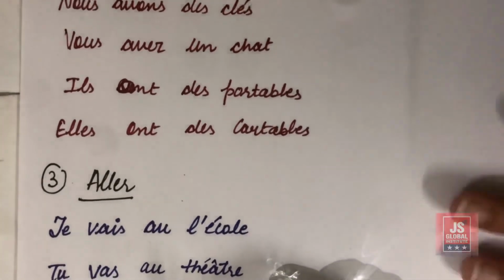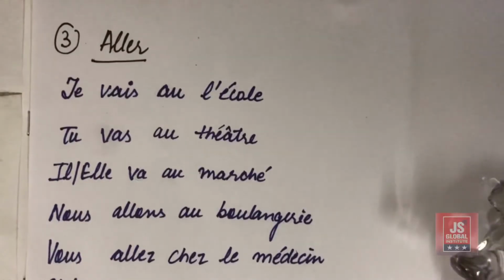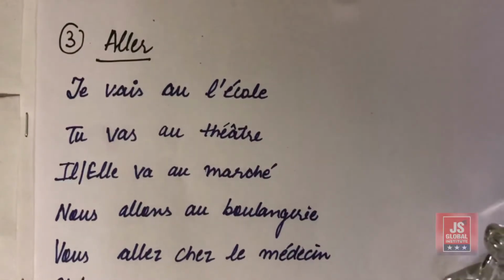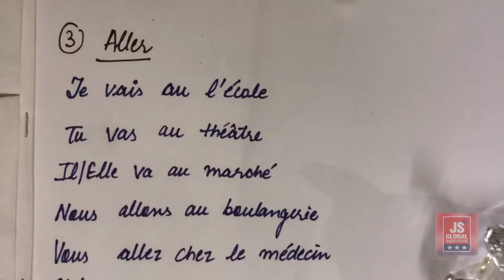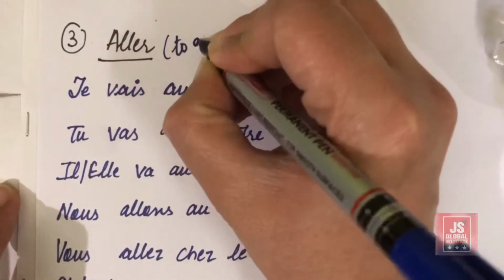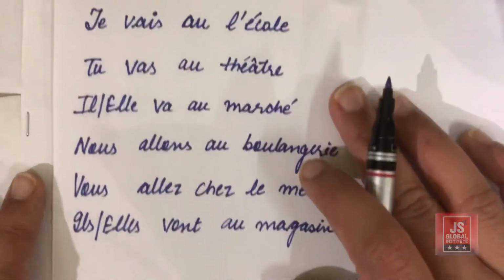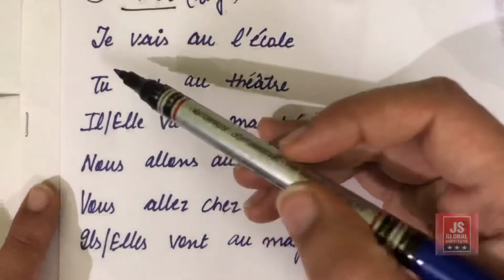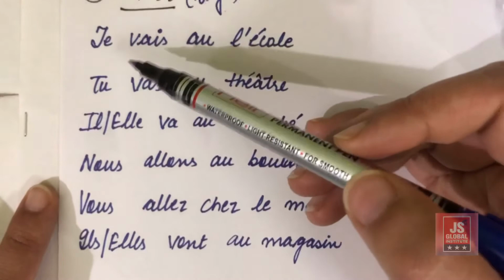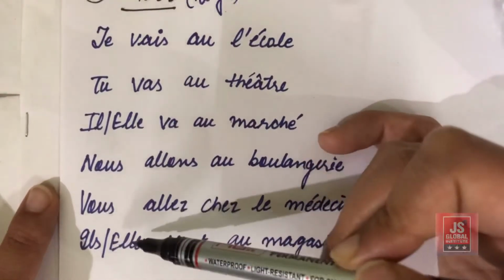Okay, so now I am going to move towards the next verb, which is aller. Okay, so aller verb means to go. So if you want to say that I go, she goes, he goes, you go, we will use the verb aller. Okay, so here one thing that is certain is les pronoms sujets, that is the subjects, which are je, tu, il, elle, nous, vous, ils and elles.